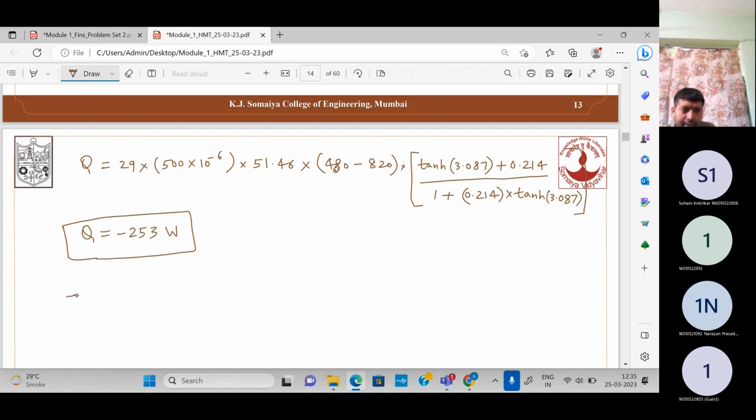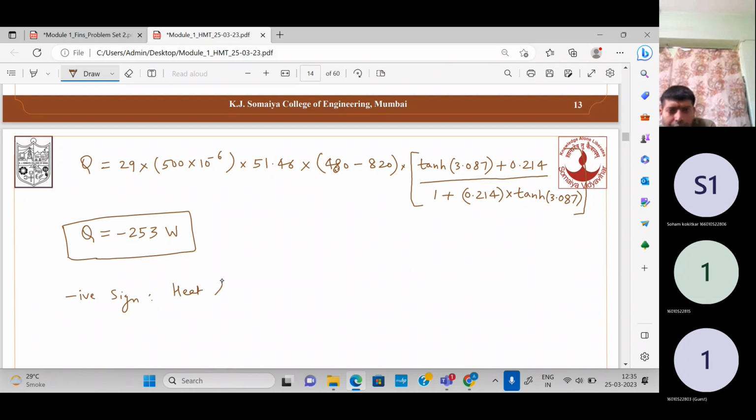Write this. Negative sign indicates heat flow takes place from combustion gases to the turbine blade.